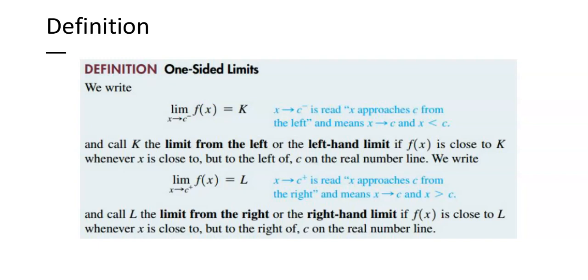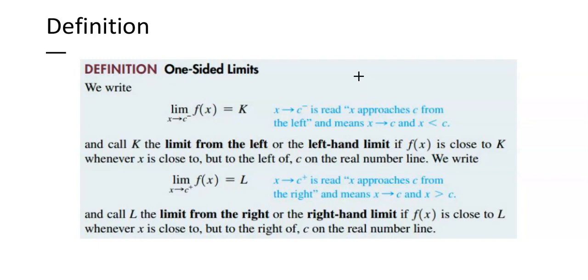If we're looking at the limit when x approaches 2, and we're approaching that value of 2 by plugging in 1.9, 1.99, we're approaching from the left-hand side of 2, right? If you think of the real number line, 1.9 is just to the left of 2. So we'd be looking at the left-hand limit of that function as x approaches 2.